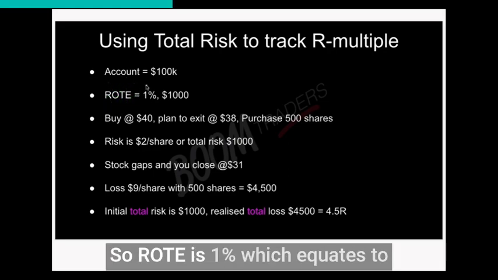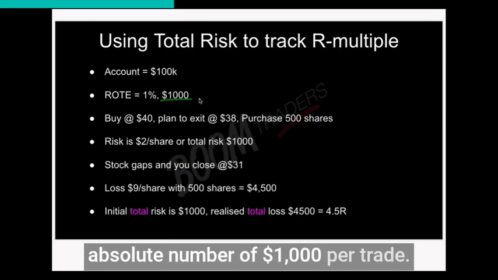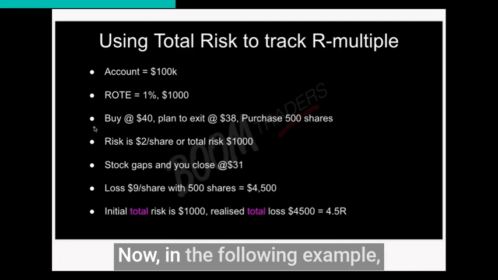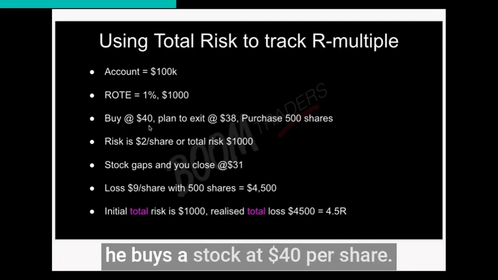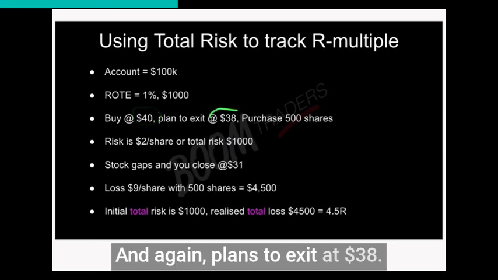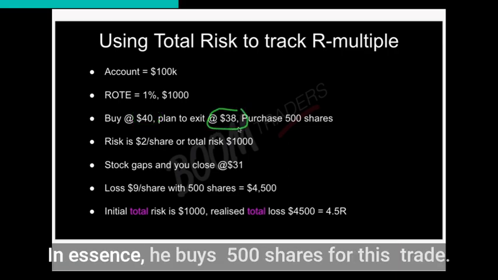So ROTE is 1%, which equates to an absolute number of $1,000 per trade. Now, in the following example, he buys a stock at $40 per share and again plans to exit at $38. In essence, he buys 500 shares for this trade.